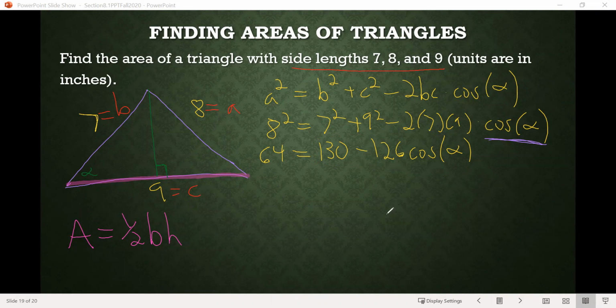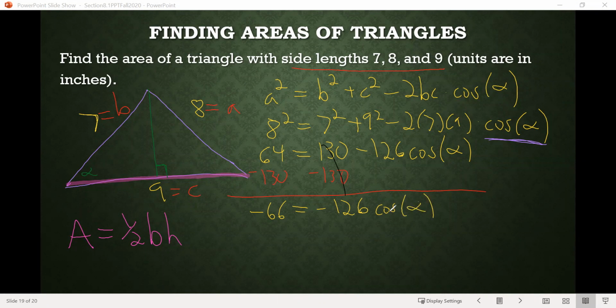So what we can do instead, because we're trying to solve for alpha, is actually subtract 130 from both sides of the equal sign. And these will cancel. 64 minus 130 will give us negative 66 equals negative 126 times cosine of alpha.